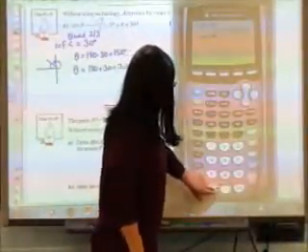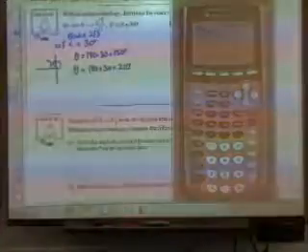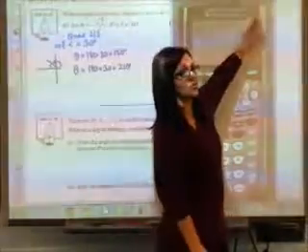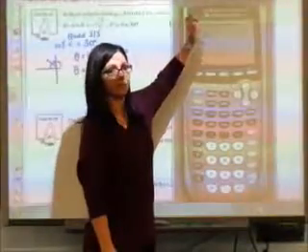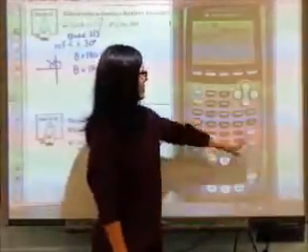Okay, tan 90. It goes to quit, or it goes to go to. So the error is the domain. That's your calculator's way of telling you it's undefined. And if I did the same thing with 270, the same thing would come up.